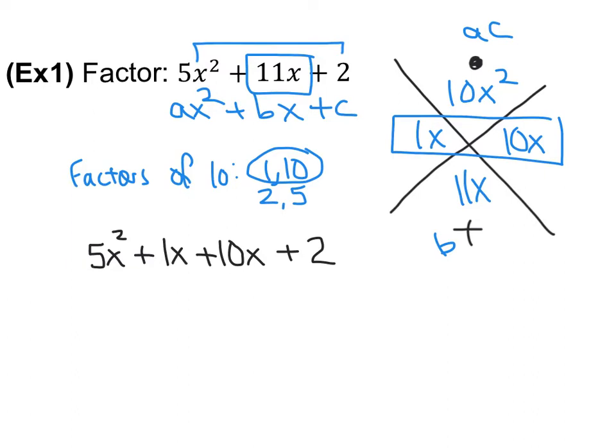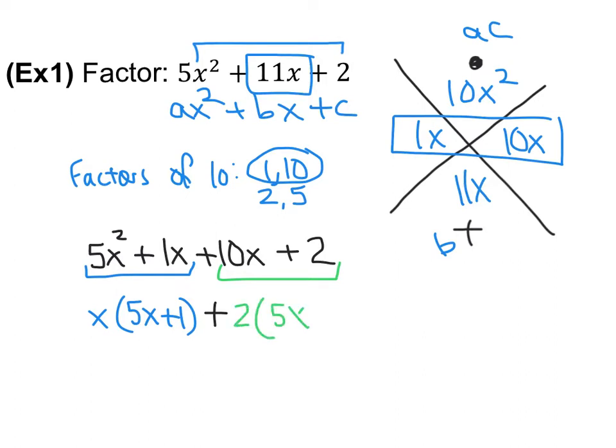You should now recognize we have 4 terms. So we're going to factor by grouping. Group the first 2 and group the last 2. So the first 2, I can take out an x, and I'm left with a 5x plus 1. The second grouping, I can take out a 2, and I'm left with a 5x plus 1. Note that we have the same expression inside parentheses.